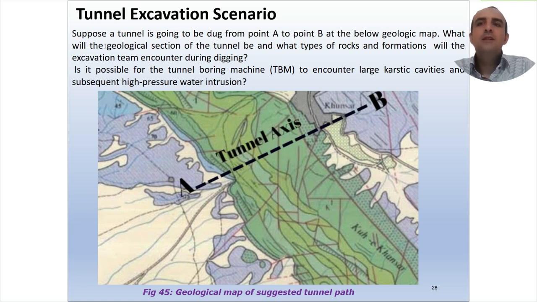What will the geological section of the tunnel be, and what types of rock and formation will the excavation team encounter during digging? And the second one is, is it possible for the tunnel boring machine, or TBM, to encounter large karstic cavities and subsequent high pressure water intrusion?